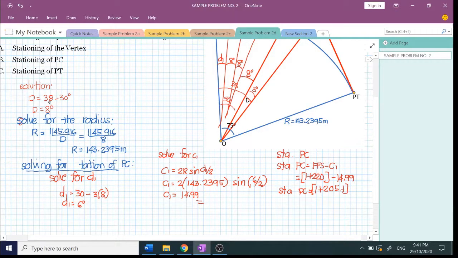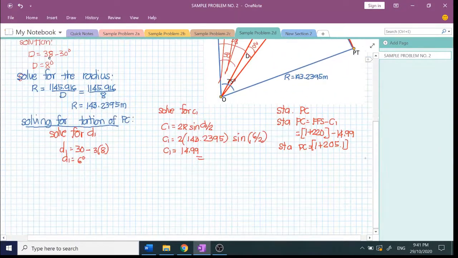After solving the stationing of the PC, what shall we do? We can now solve for the tangent and the stationing of the vertex.